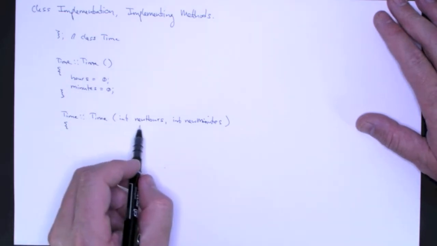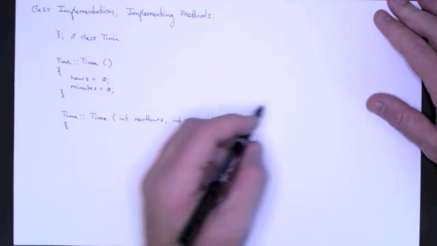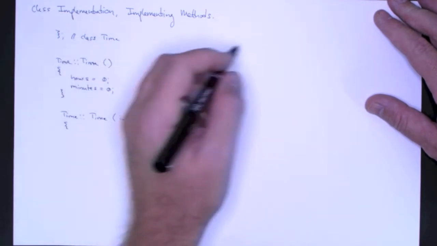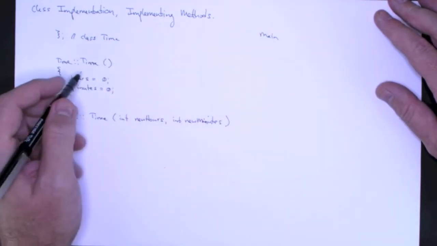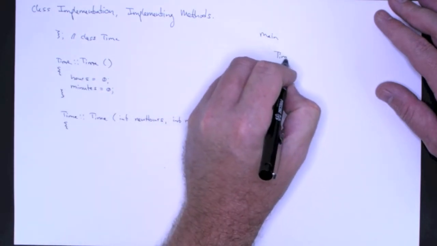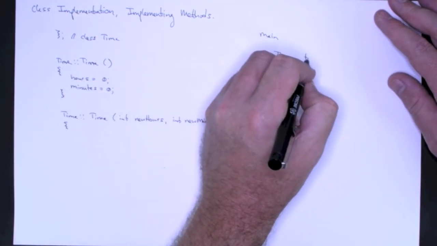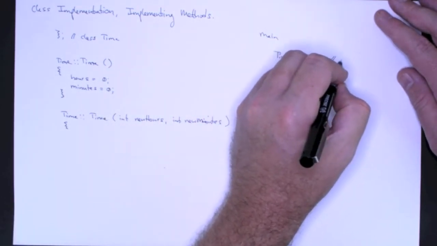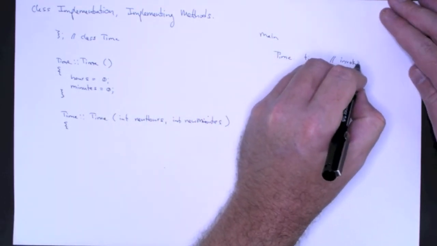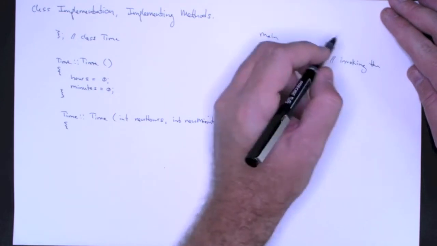And what I want to do is, for example, let's say in main, let me give you examples of these two things. If someone declares a time object like this, then what this is doing is invoking the default constructor.